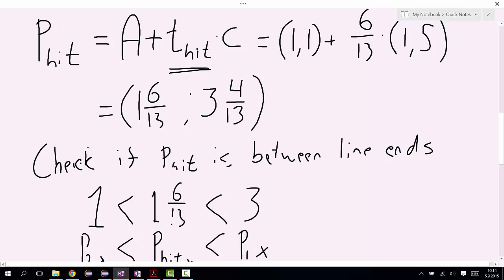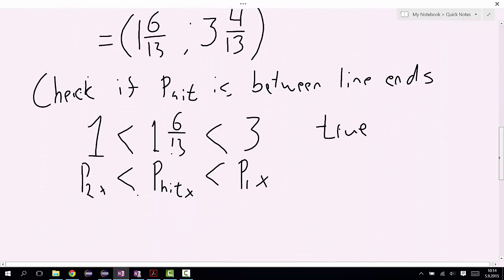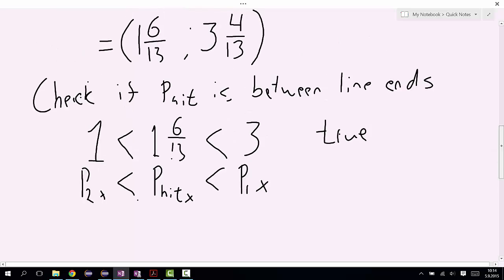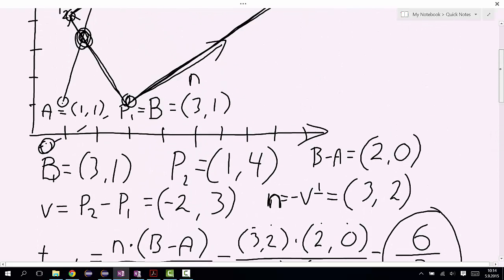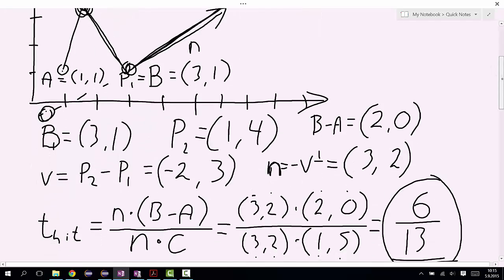Okay, so this is true. Which gives us basically a positive check here. So that's nice. Now we know that the point is actually between or inside the line segment. So all of this is good.